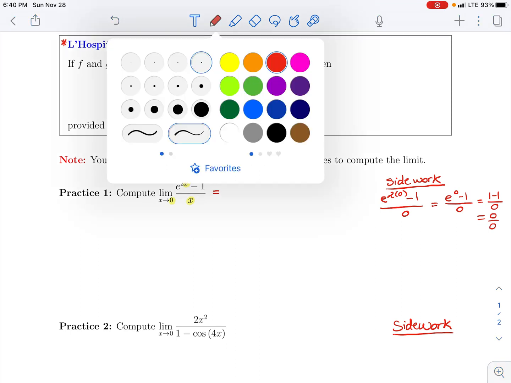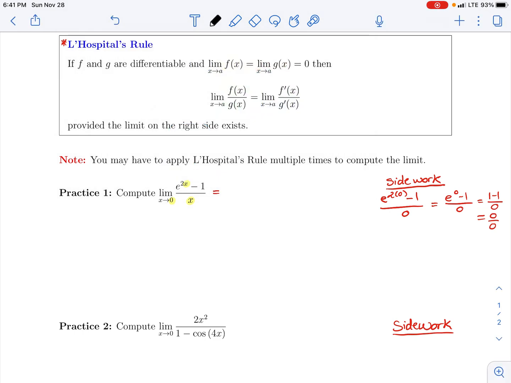Okay, so to indicate that I'm using L'Hopital's rule, later on we will talk about, when we start reviewing for the AP exam or possibly this week, how specifically they want you to tell them that you're using L'Hopital's rule. It's very, very specific. I'm not going to introduce it quite yet. I just want to get you familiar with using the technique and properly computing the limit first, because they are very picky on how they want you to express that.